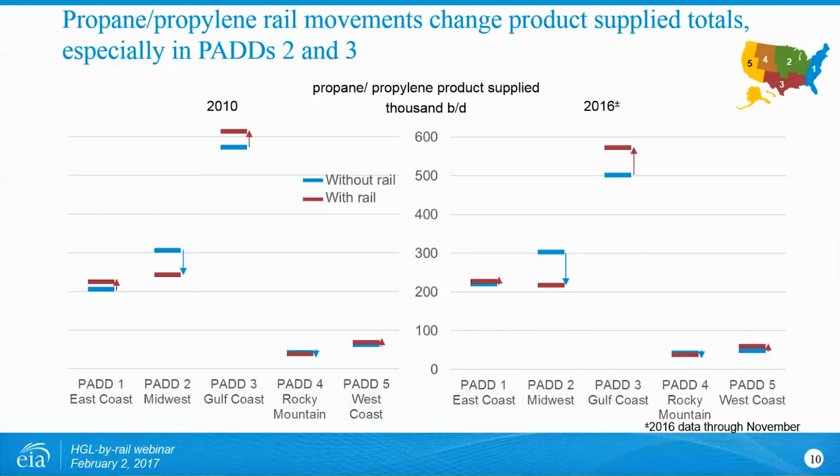What you can see is the impact of rail, and here again, PAD 2 and PAD 3 definitely stand out. So if you look at both 2010 and 2016, let's take PAD 2 for example.